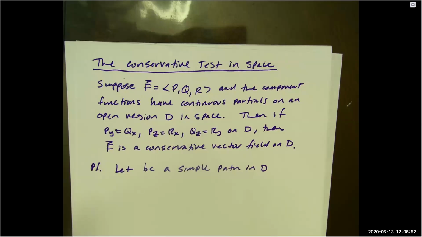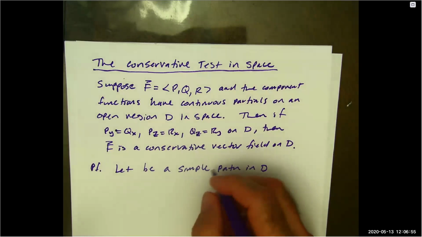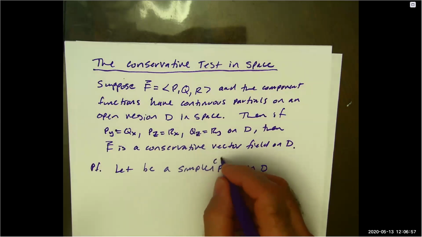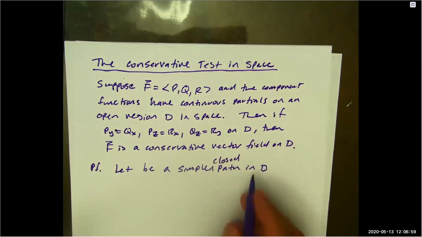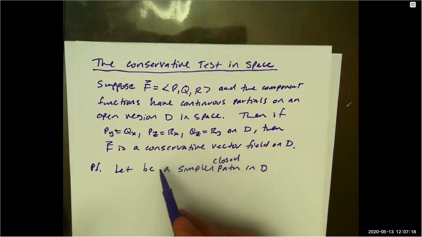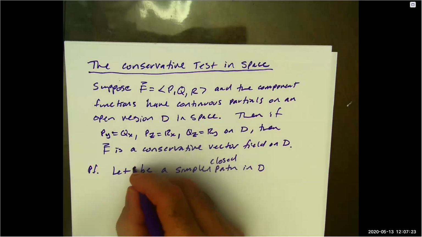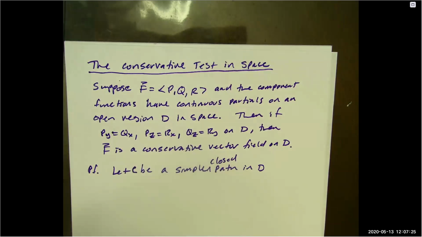It'll be a simple closed path in D. Remember that one equivalent to a vector field being conservative is that it was independent of path, and independent of path was equivalent to the integral around any closed curve, the line integral, being 0. So we're going to let C be a simple closed path in D.